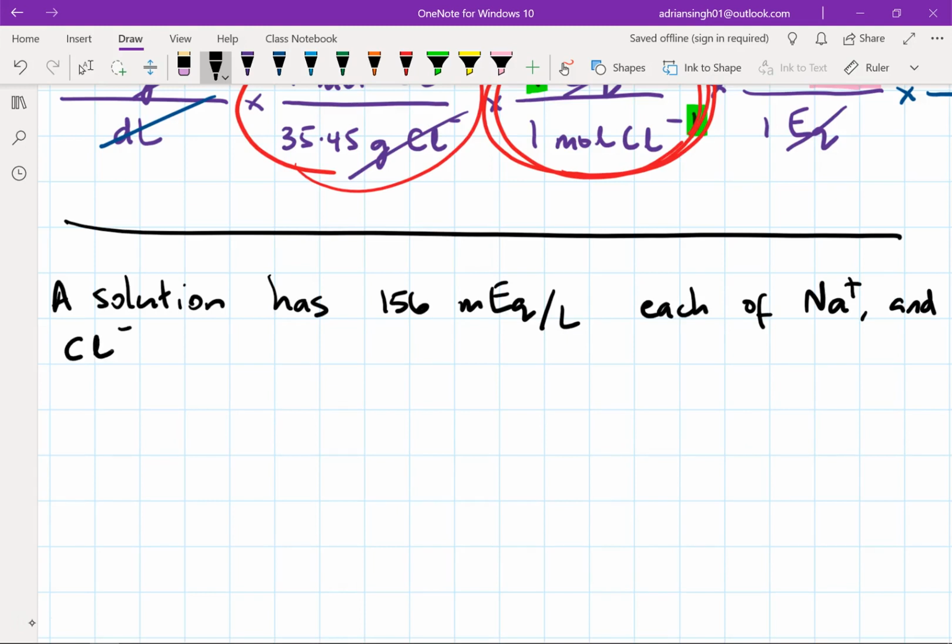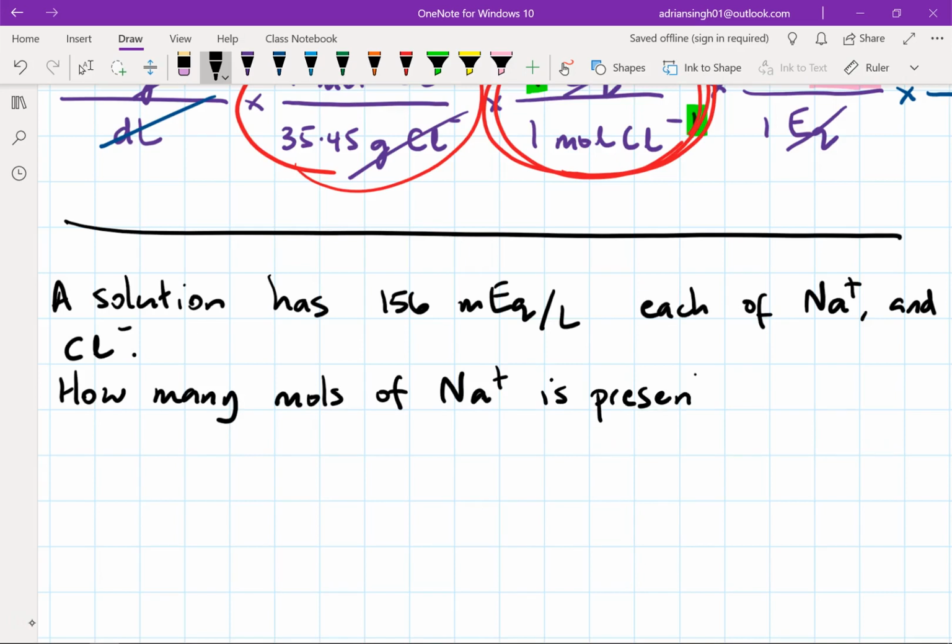So it's got sodium ion in it, it's got the chloride ion in it, and what we need to figure out is how many moles of sodium ions, Na plus, are present in let's say 2.50 liters of this solution.